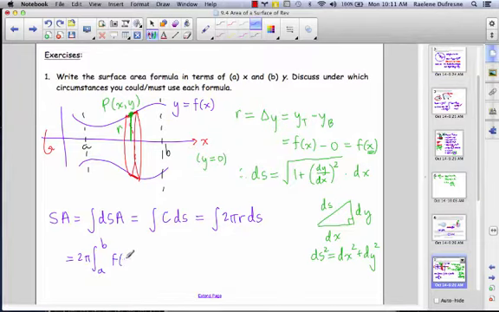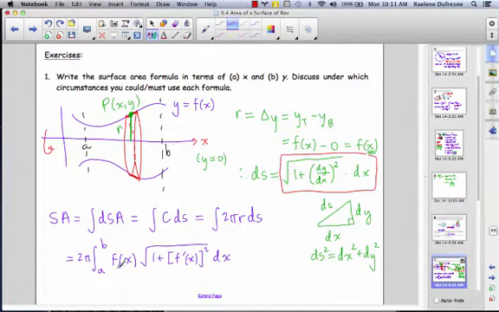And so we have f of x times the square root of 1 plus f prime of x quantity all squared, and then times dx. So we could use this as long as we can actually isolate y and solve the equation in terms of x. So if that's the case, we would choose ds equal to this expression.